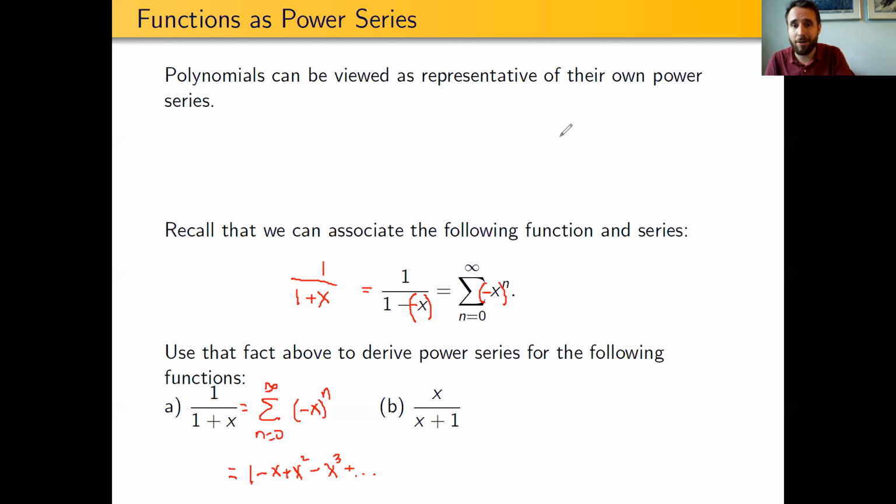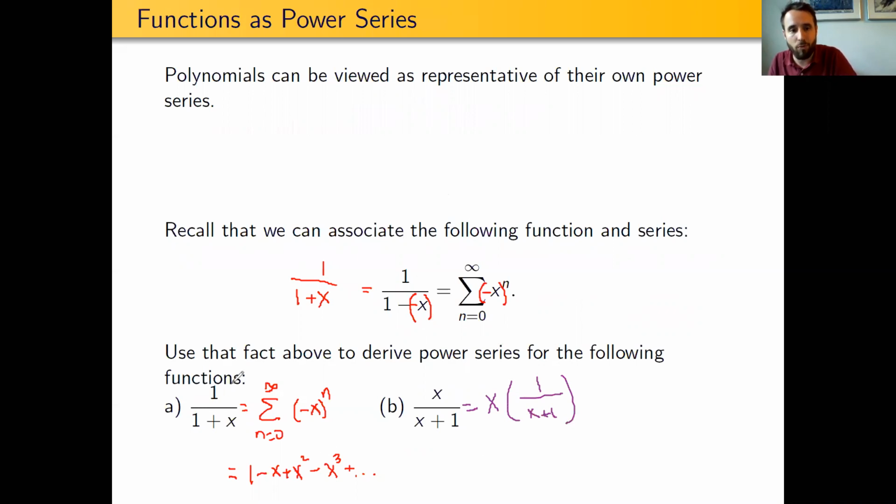Now, how do I go from there to get to here? Well, this expression is the same as this expression, except it's multiplied through by an additional x, right? So x over x plus 1 is really nothing more than x times 1 over x plus 1. And we saw before how to get 1 over x plus 1 in a power series form.